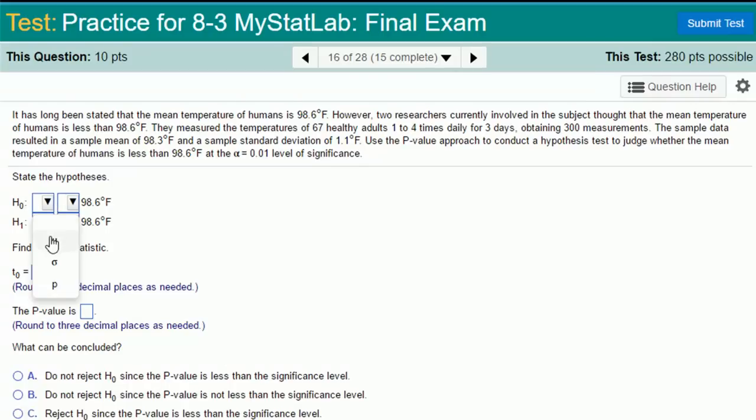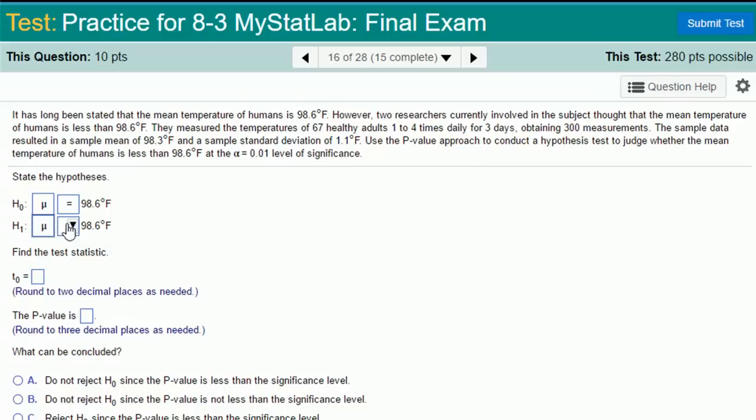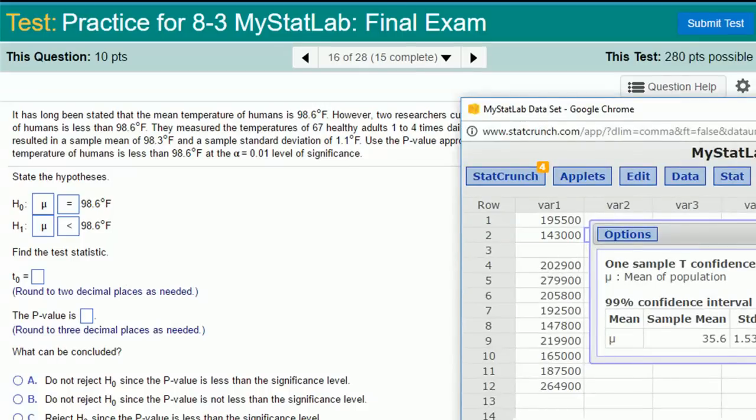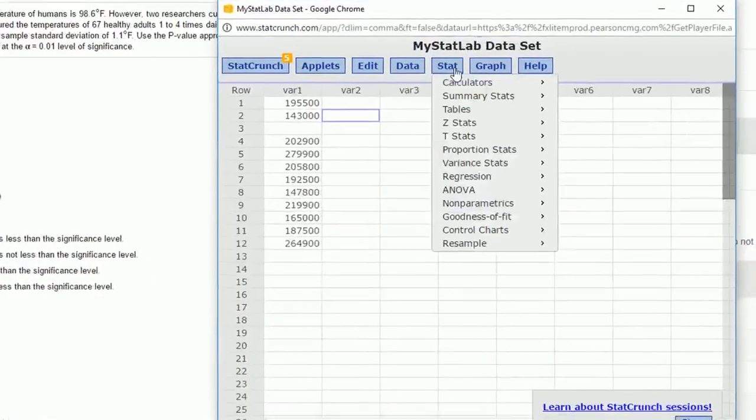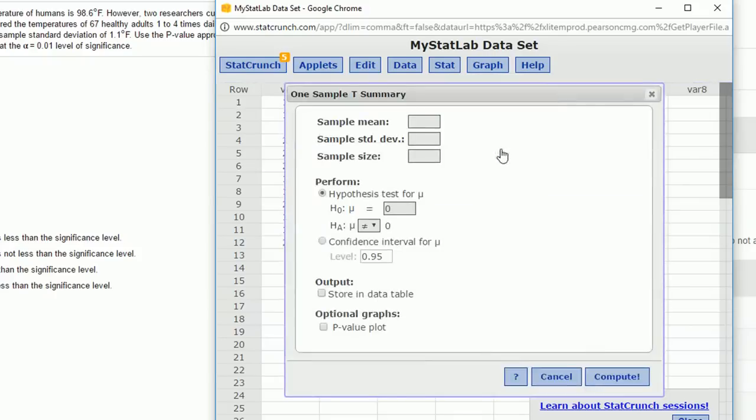The null is that the mean temperature is equal to 98.6. And they think that the mean is less than, so that's what we choose for the alternative. It says less than up there, so that's their hunch. Now I'm going to go back to StatCrunch and run a new T stat one sample with summary.